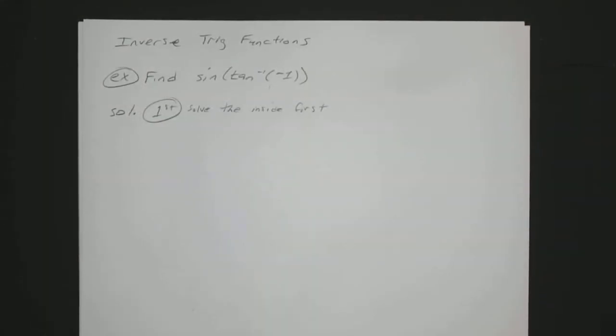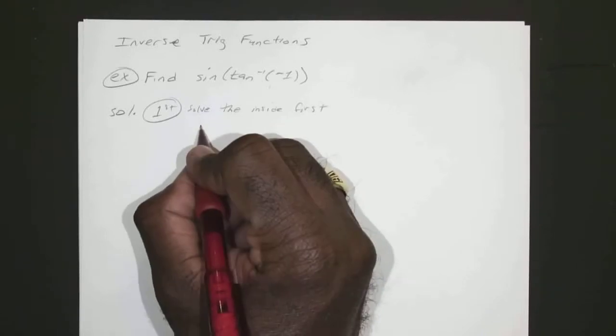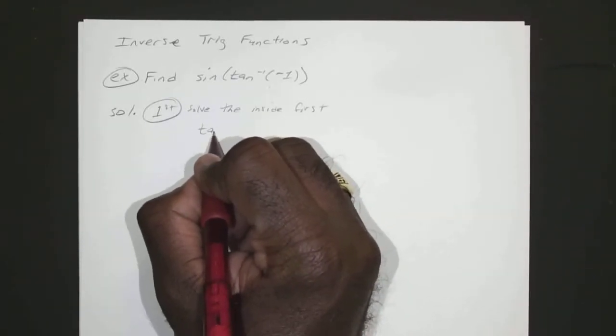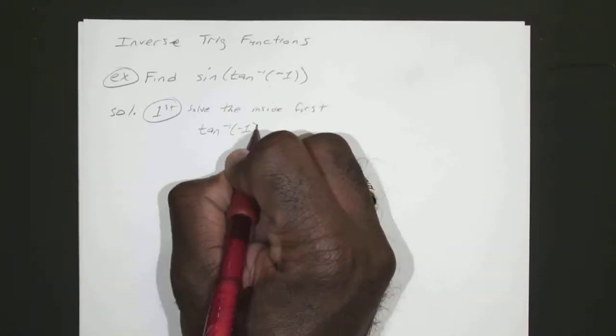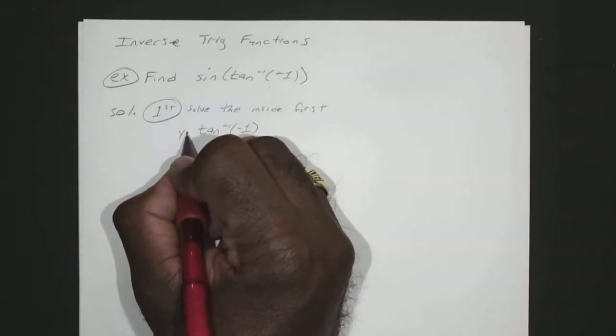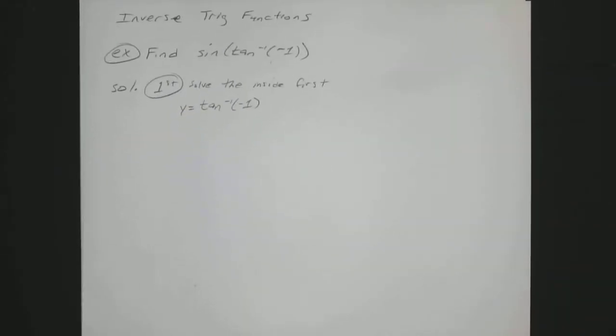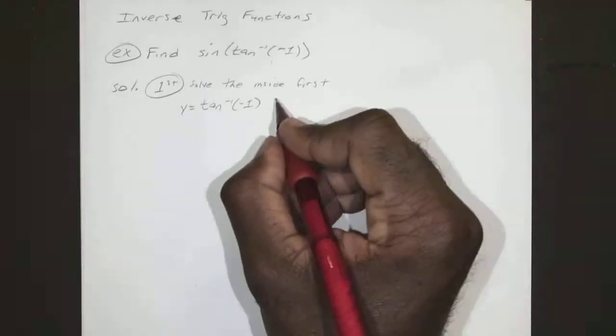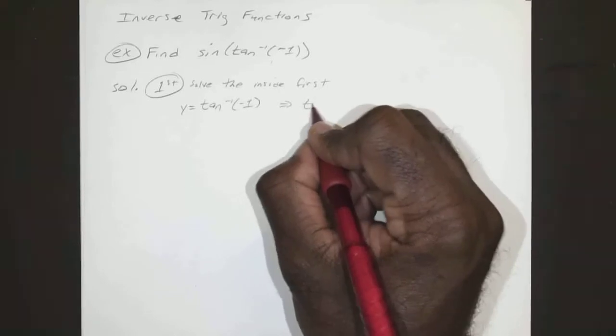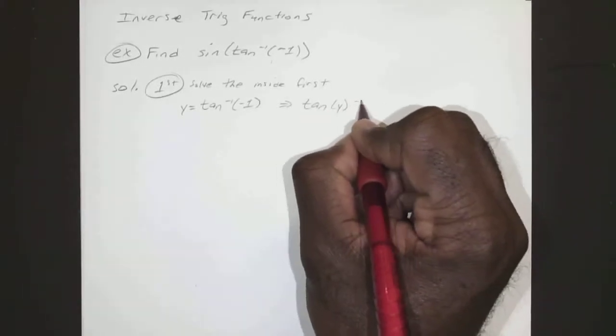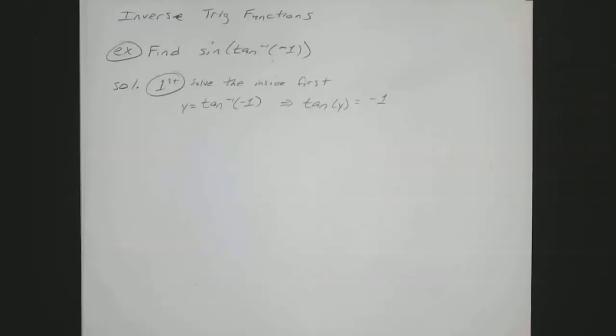Okay, so we know just from the inside that tangent inverse of -1, we can just make that y. If we apply tangent to both sides, we have tangent of y equals -1.